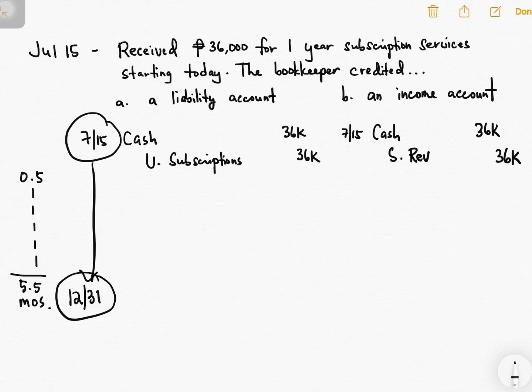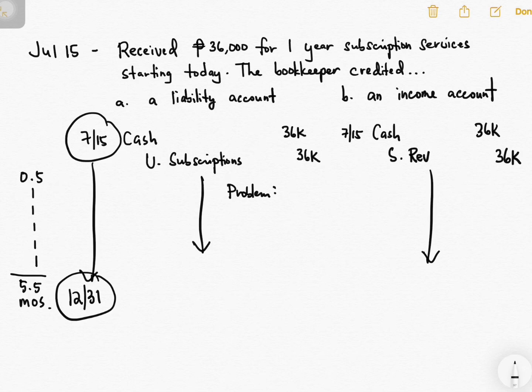Again, on the left side, you have the liability method, and on the right side, you have the income method. So you will be adjusting this one and also this one. What's the problem with the first one? Why do we need to update this entry? The initial entry is correct, but what's the problem with it come December 31?